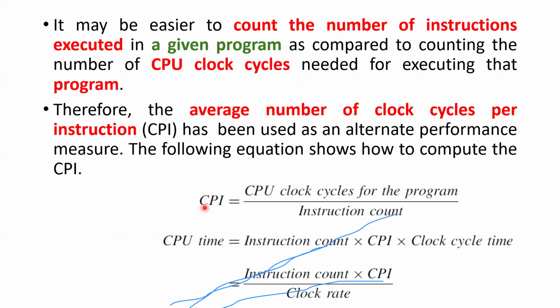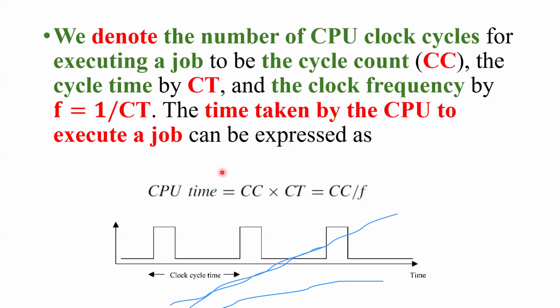More so, as I said, it may be easier to count the number of instructions in a given program than to count the number of CPU clock cycles. The reason counting CPU clock cycles is so difficult is because the CPU time is in nanoseconds. What watch are you going to use? By the time your hand rises to press stop, it has even gone over the time.